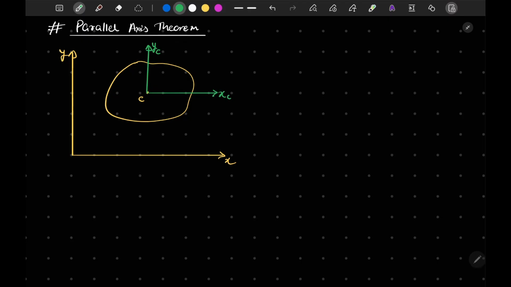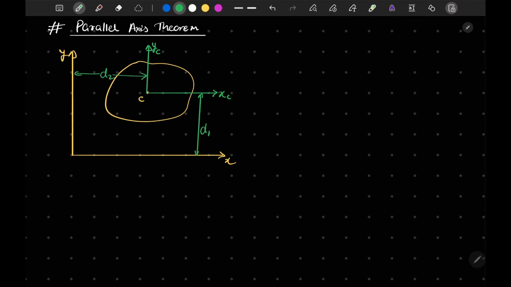Now if we consider a certain area, let's say this x is at a distance d1, and this y is at a distance d2 from yc.